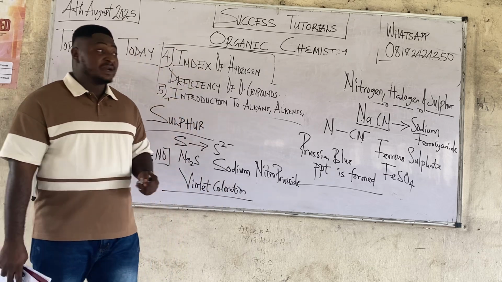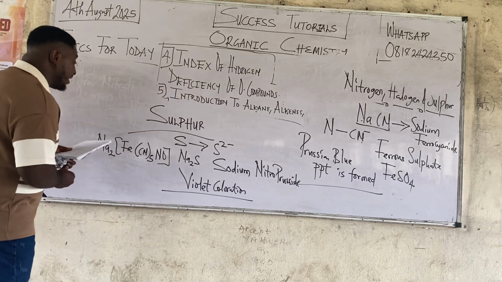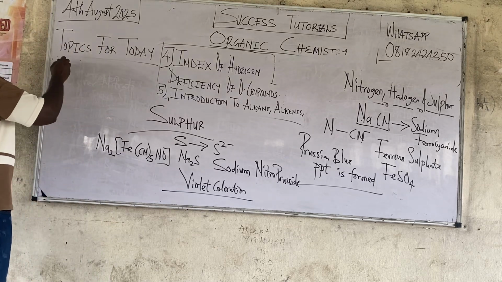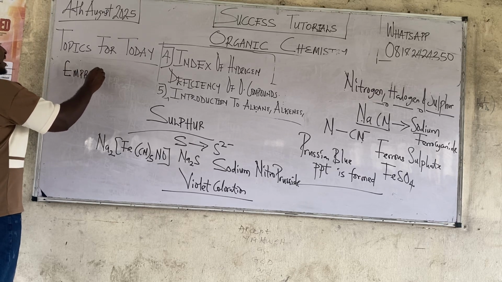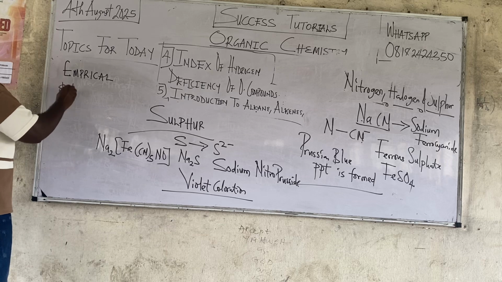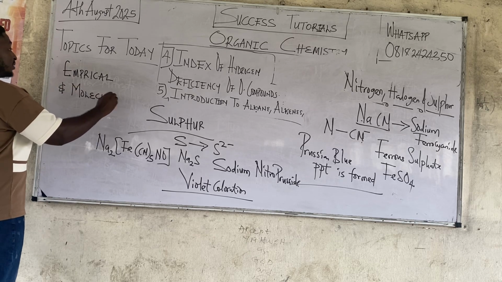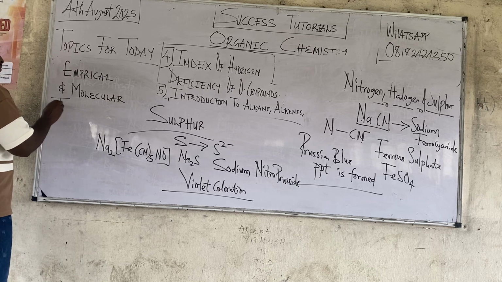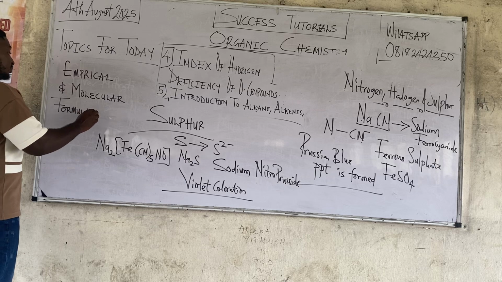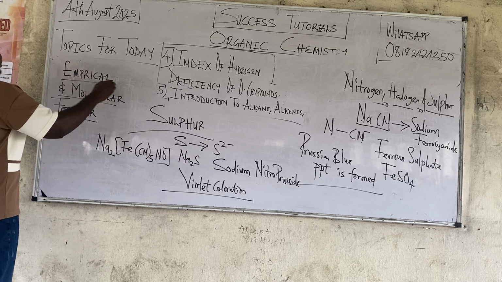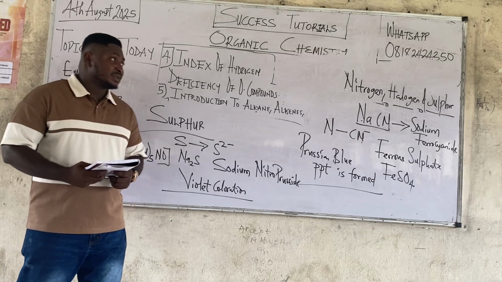Don't worry, the easiest method of finding out how much of the elements are present is what we call the empirical and molecular formula of organic compounds.